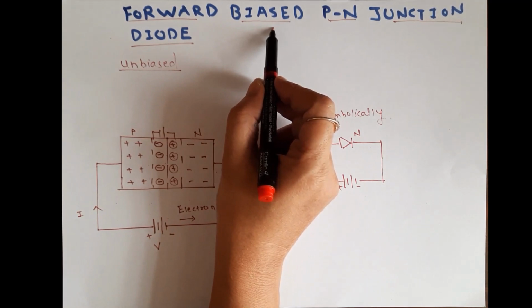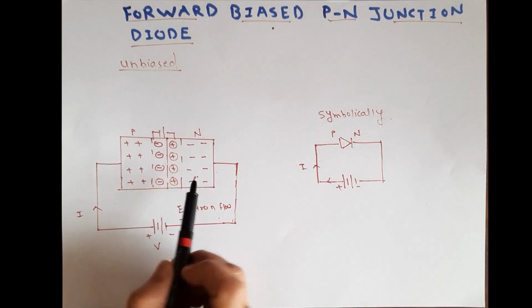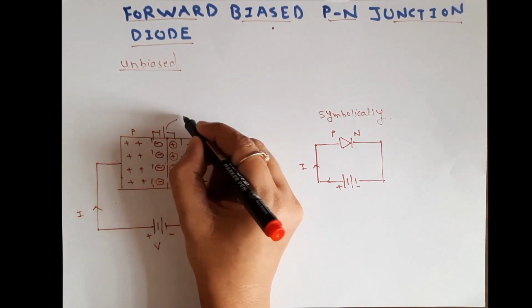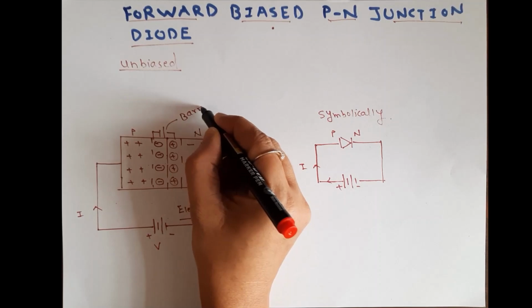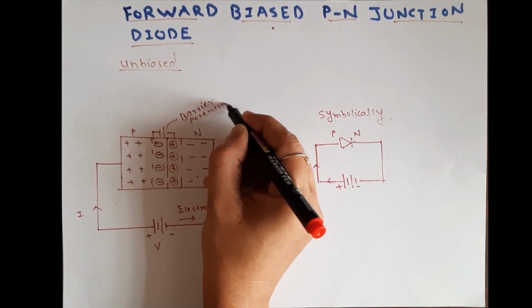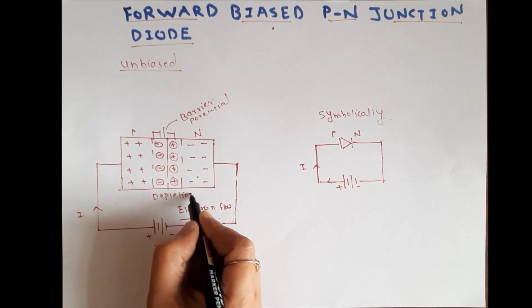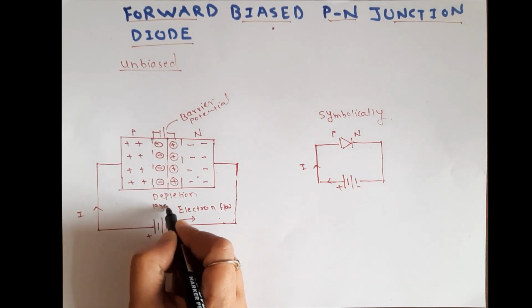For the forward biasing, look at this figure. This is PN junction diode. As we know, this is a barrier potential, and this layer is known as depletion region or depletion layer.